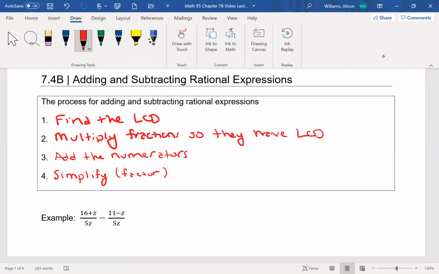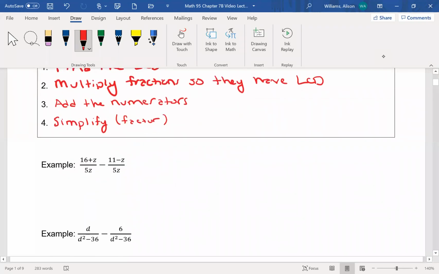Okay, so the very first example I have here actually already has a common denominator. So I get to skip steps 1 and 2, and I'm going to jump right to step 3. I'm going to add the two numerators. Now, I want to point out one very important thing, and that is that we are subtracting. And that matters. When we subtract this numerator, that means we have to distribute the negative into both terms.